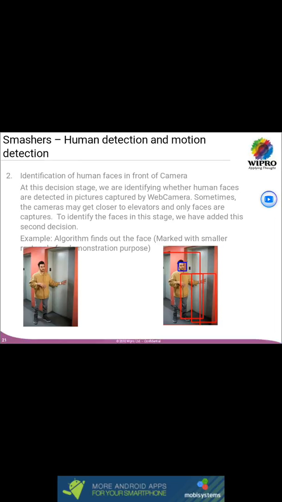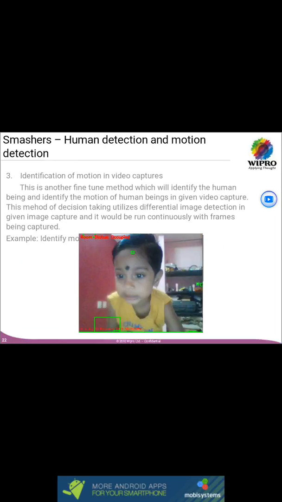So the detection should not be done only by assessing whether something is present in front of the elevator. If a human face is detected, only then should it consider that someone is waiting for the elevator.